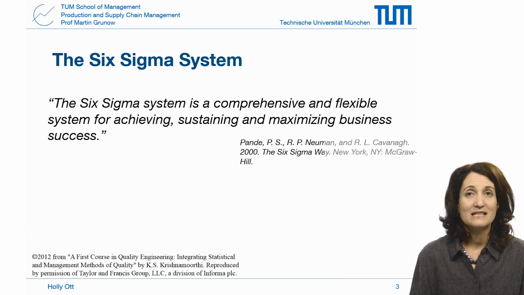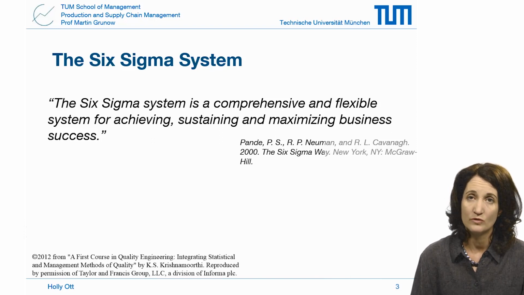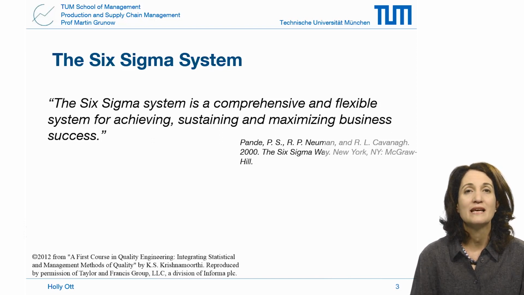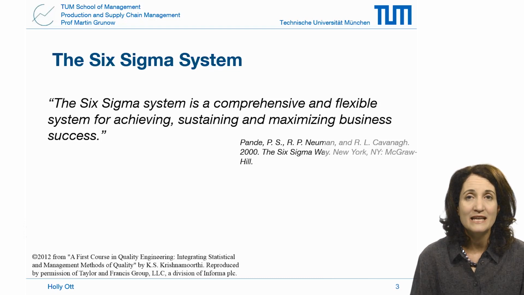The text, The Six Sigma Way by Panda, Neumann, and Kavanagh, explains how the customer-centric, improvement-driven Six Sigma approach achieved impressive benefits for companies such as General Electric and Motorola. The authors state that the Six Sigma system is a comprehensive and flexible system for achieving, sustaining, and maximizing business success.